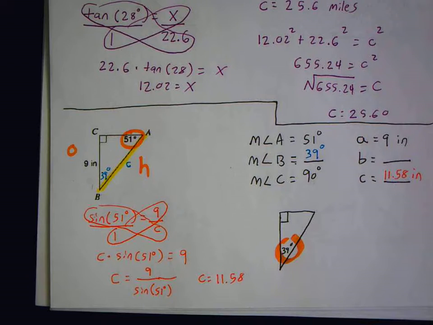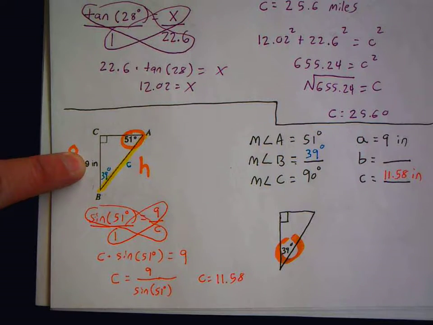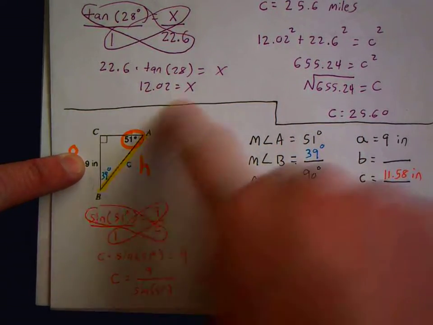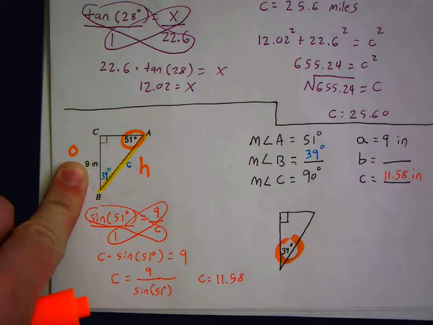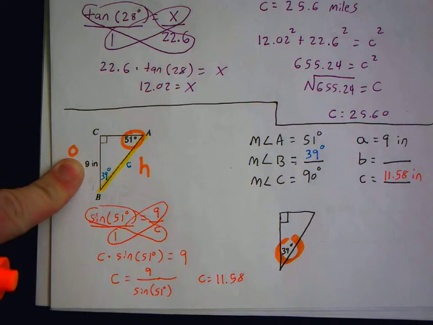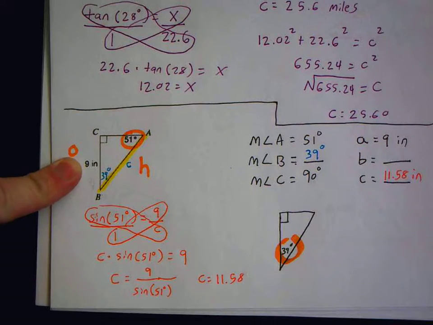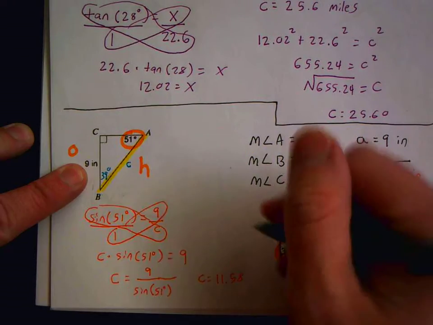And we need to use something we already know. So I could either use my 9 or I could use my 11.58. I would encourage you to use the one that you didn't round, because if you use the one you rounded and then plug it in, it's going to cause your other answer to be a little bit more off. So I would choose the 9. You did not round the 9.